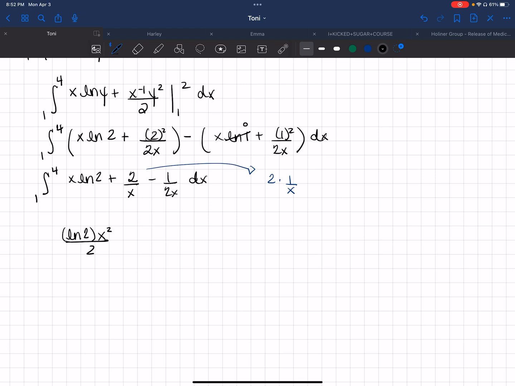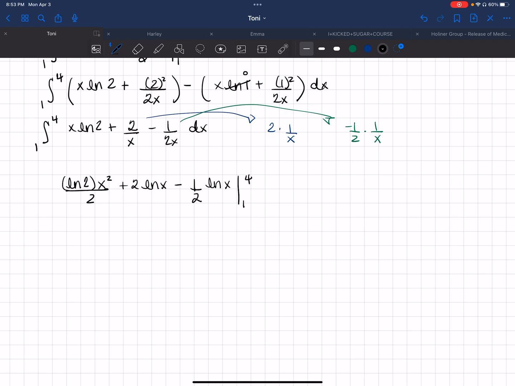So that's going to give me plus 2 natural log of x, because the derivative of the natural log of x is 1 over x, minus, and then this one is really the same thing as negative 1/2 times 1 over x. So I can write that negative 1/2 down because it's a constant. And then when I take the derivative of it, gives me 1 over x. That's the natural log of x. Okay, and we are going to evaluate that from 1 to 4.